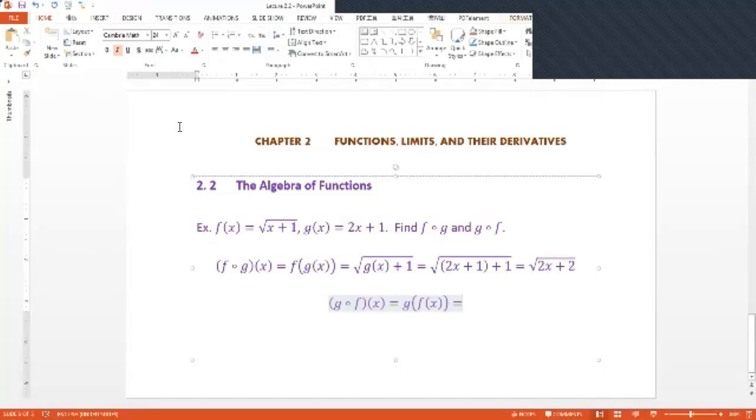So remember, the function g is 2x plus 1. So you look at the function g first, and then the variable in the g is x. We're going to replace this x by the function f. So we get 2 times f of x, I'm sorry.